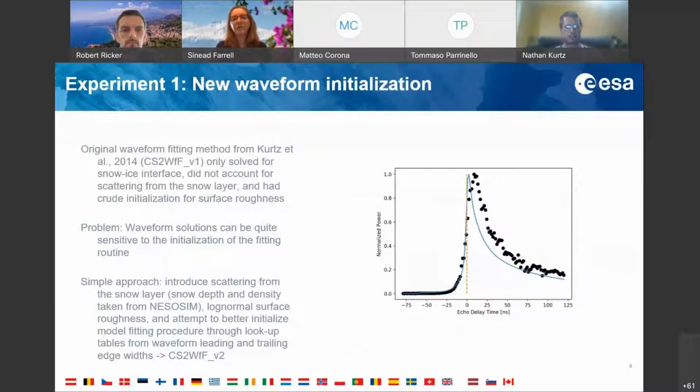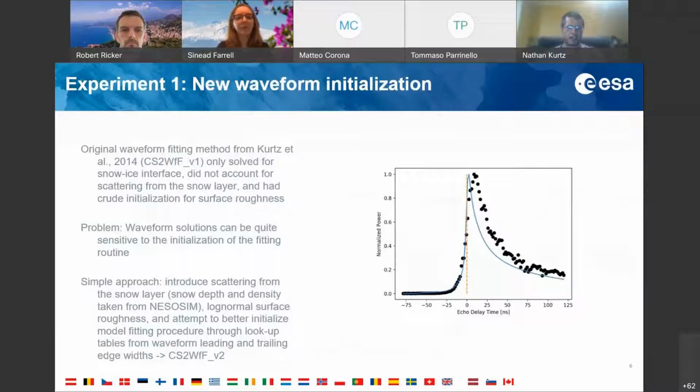The two experiments: one, just looking at how the waveform is initialized with regard to snow depth and surface roughness, trying out different techniques for initializing the waveform, and then seeing if that improves some of the relative metrics, like in comparison to other data sets.